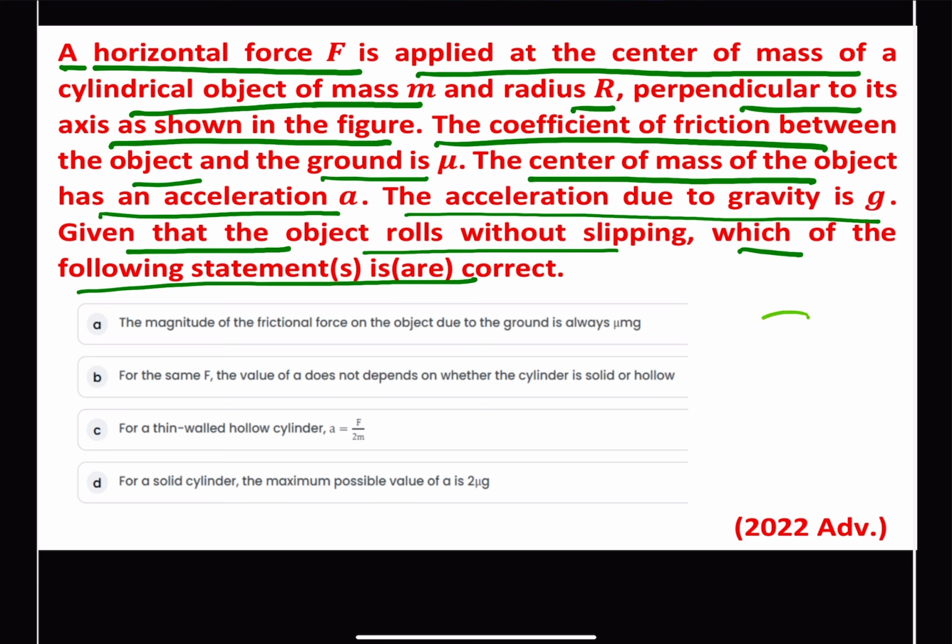We can just draw an approximate figure. So we have a horizontal force at the center of mass, perpendicular to the axis. It means the axis will be into or out of the paper, and its radius is given to us as r. So this is a basic figure, and we have to check which of the options is correct.